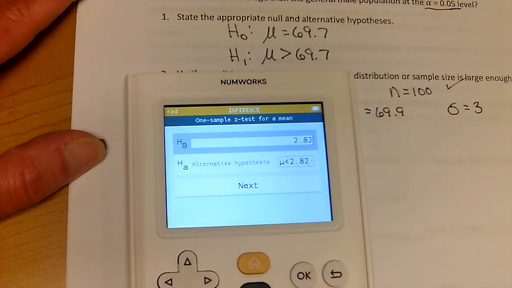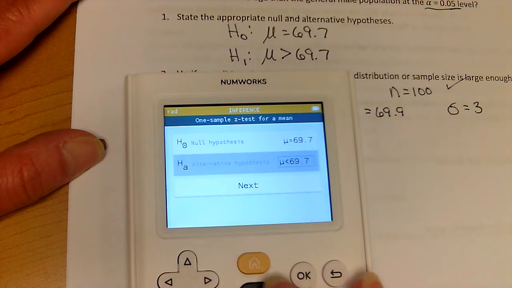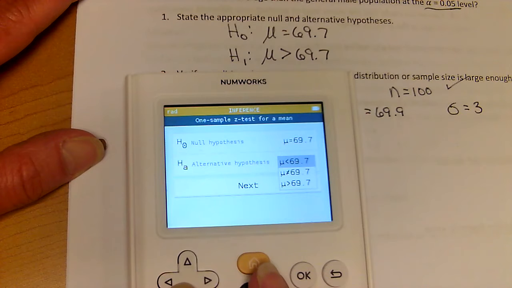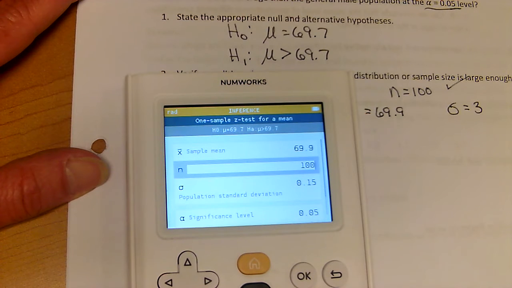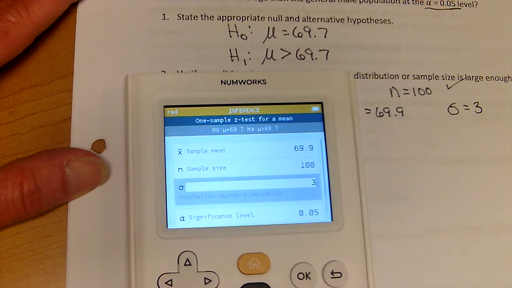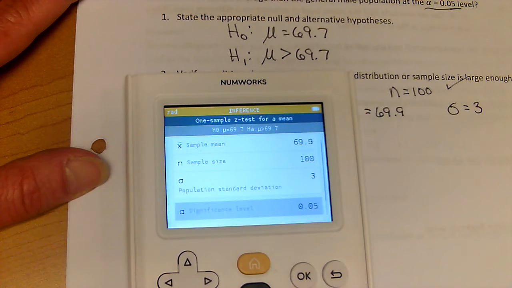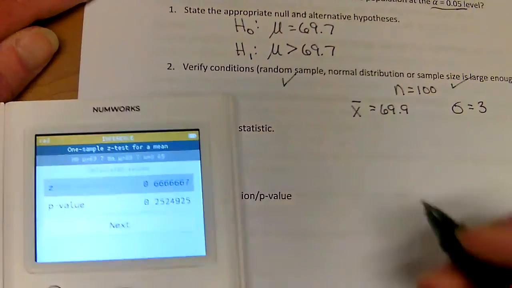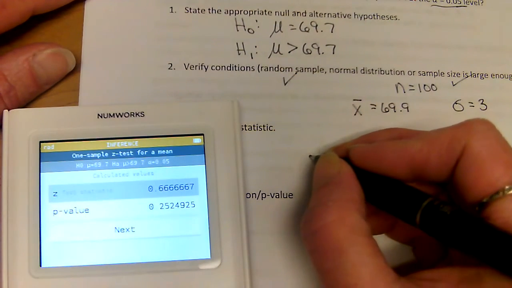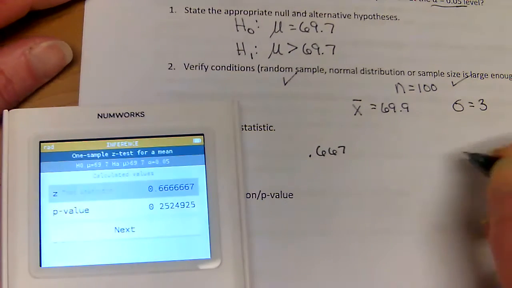The null hypothesis is that the mean is 69.7. Our alternative is that it's greater. Our mean was 69.9, sample size 100, standard deviation of 3, and alpha is 0.05. Our test statistic this time is 0.667.